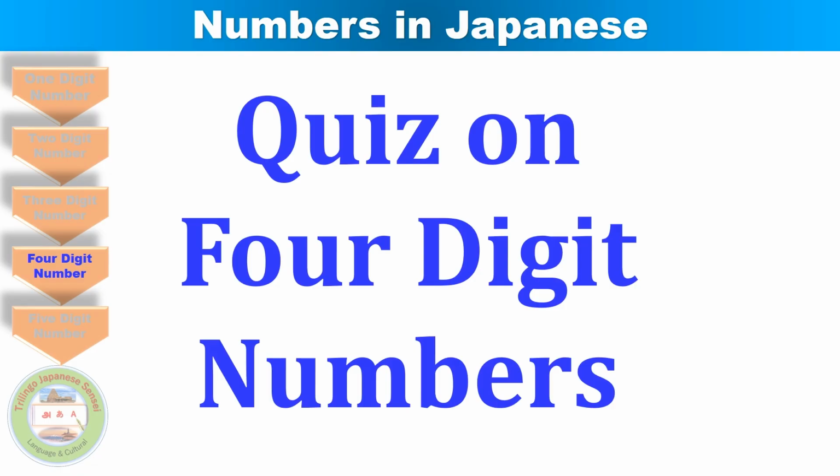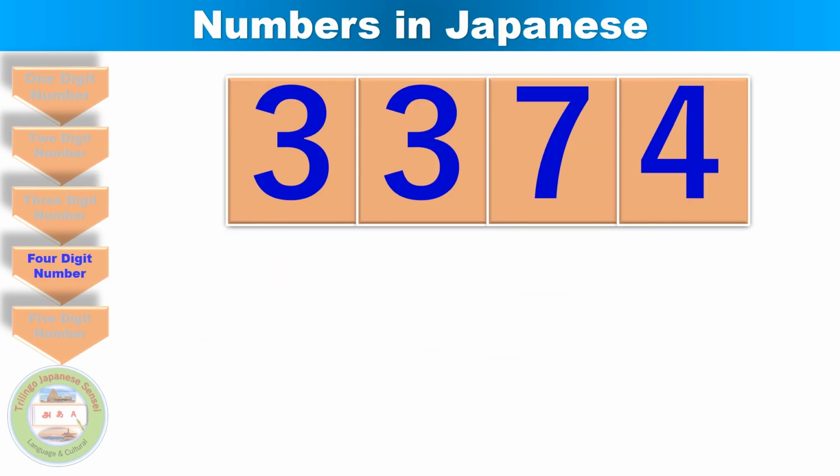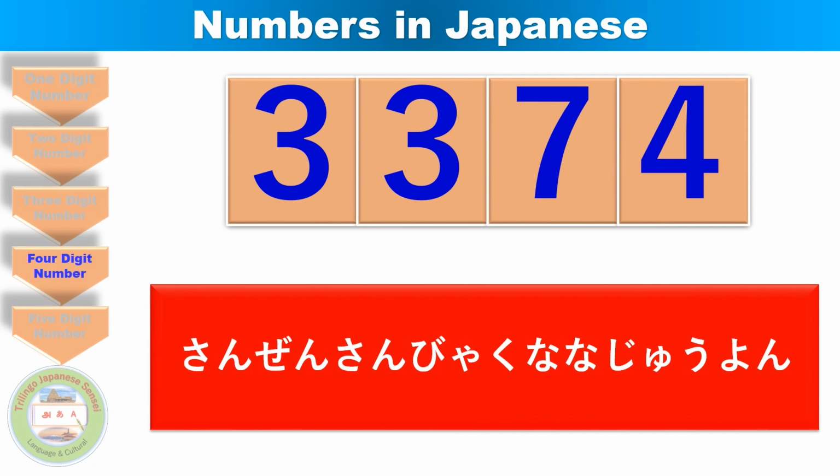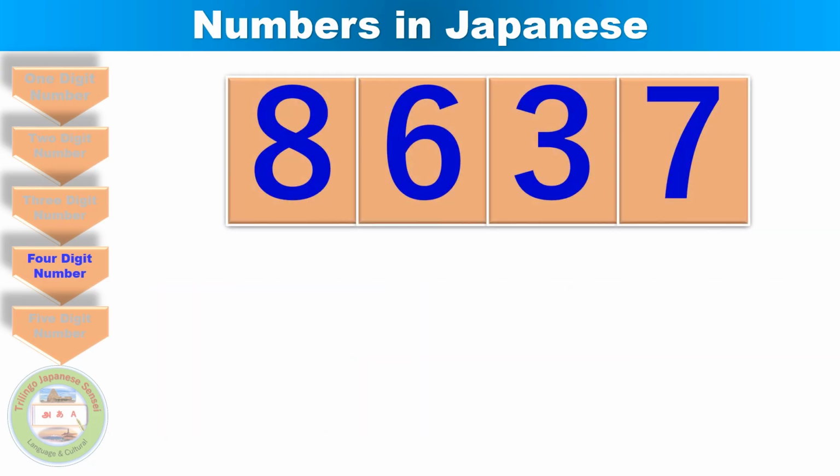Okay, let's get into the quiz area for the 4-digit number system. 3374. 3000 means sanzen, 300 means sanbyaku, 70 nanaju, 4 yon. Sanzen, sanbyaku, nanaju, yon.